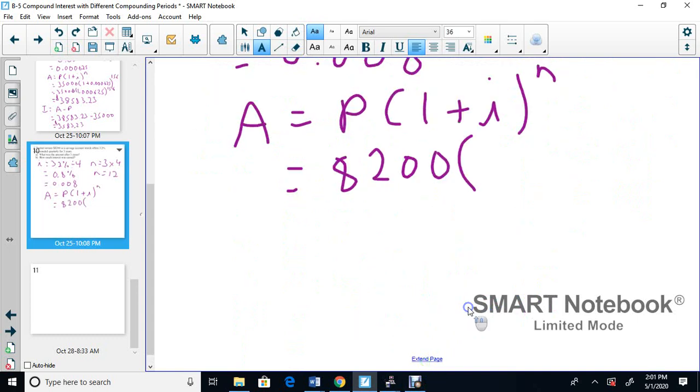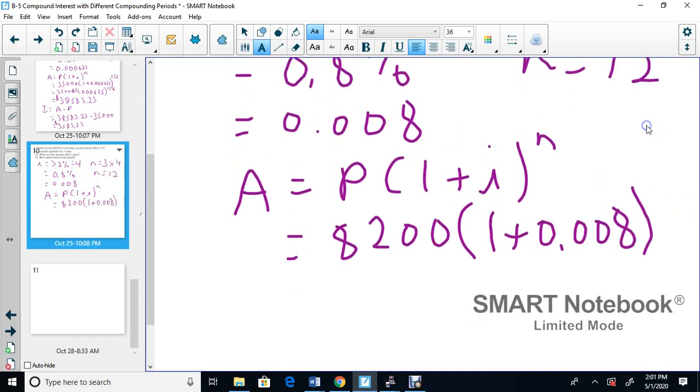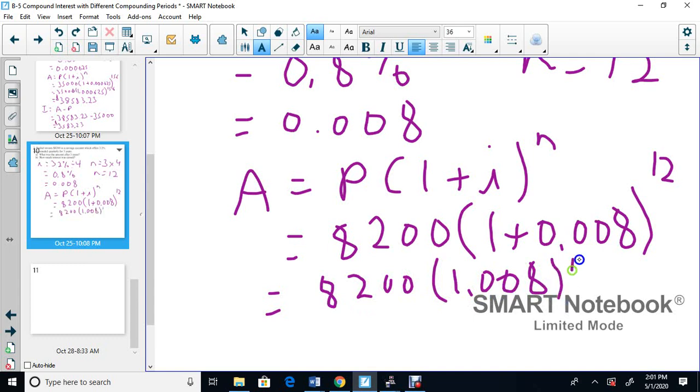So 1 plus 0.008, and n, the compounding period, is 12. I'll just write one more step so I can just put it in the calculator. Okay, I put 1.008 to the 12, and now I can just type that into my calculator.